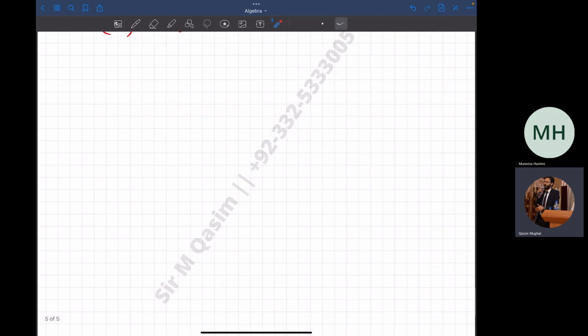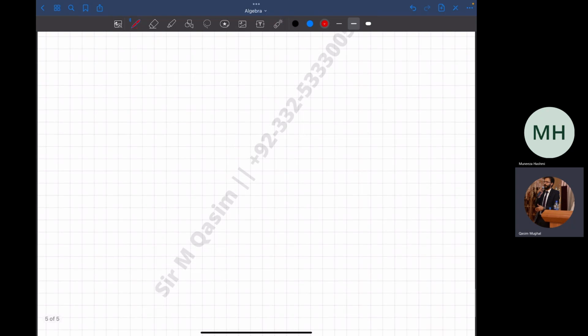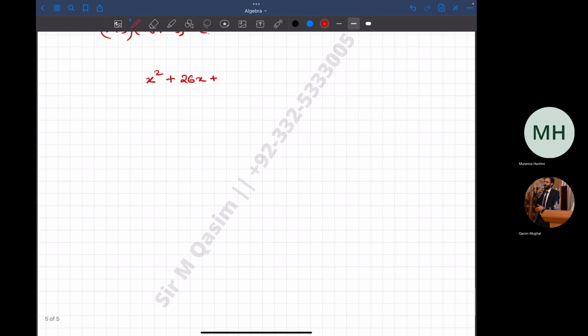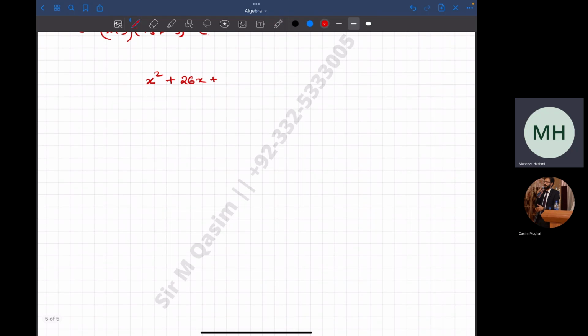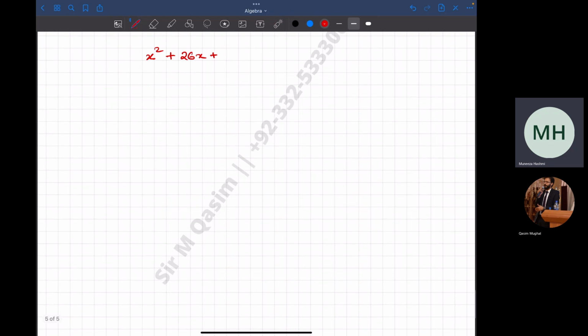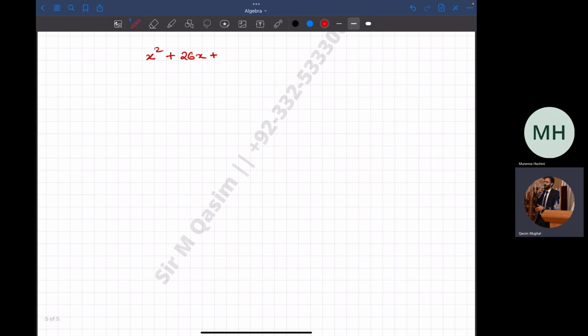Let me think of the factors. Sorry, expanded form. Let's just start with the easy one. So, for example, you have x squared plus 26x plus 169.